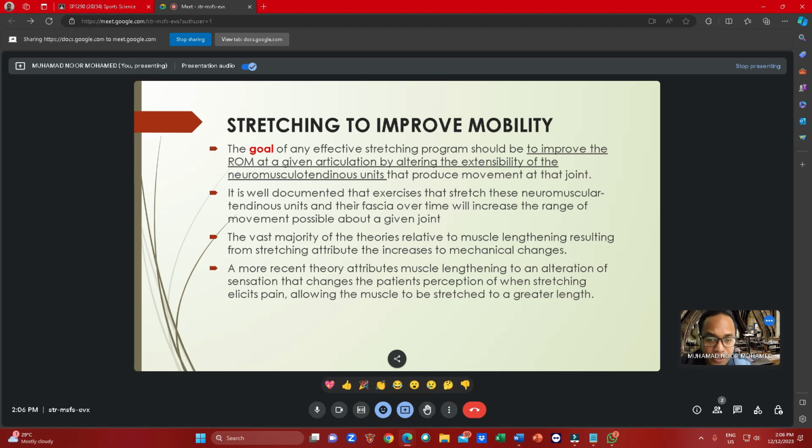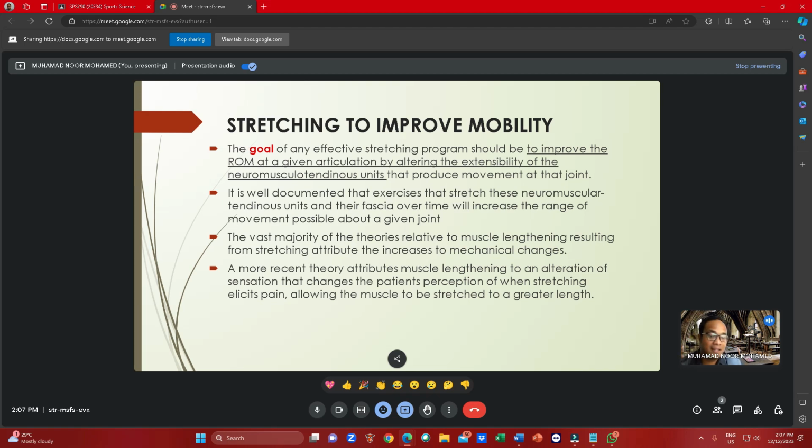The vast majority of theory relative to muscle lengthening resulting from stretching attributes the increases to mechanical changes. A more recent theory attributes muscle lengthening to an alteration of sensation that changes the patient's perception of when stretching elicits pain, allowing the muscle to be stretched to a greater length. So before, it was said that muscle lengthening from stretching was due to mechanical changes, meaning it increases the length of the muscle.